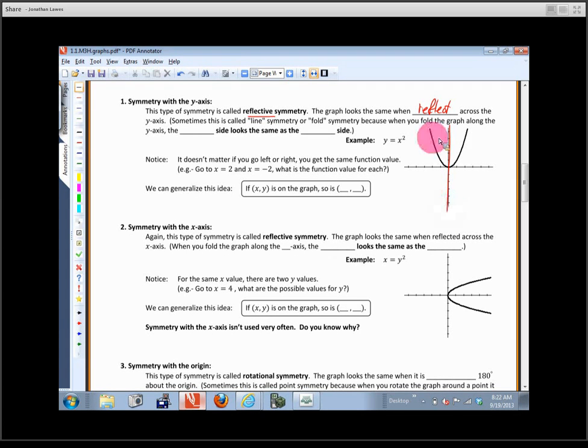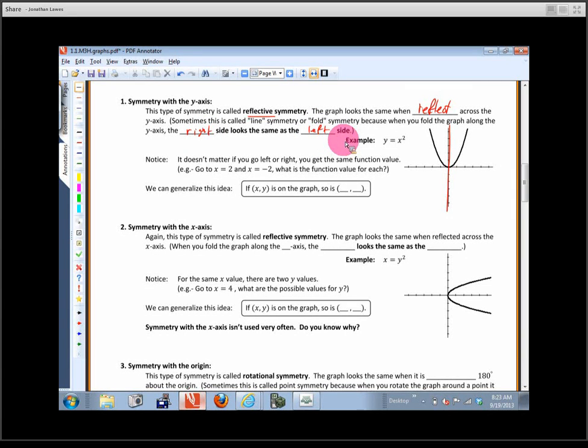The left looks the same as the right. They are mirror images of each other. If we folded it, one would lie right on top of the other. That's reflection across the y-axis.